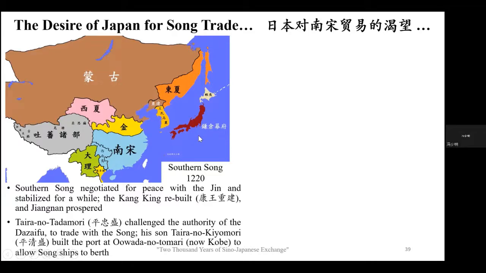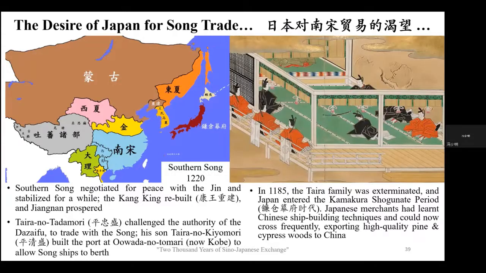And his son, Taira no Kiyomori, now built another port at Kobe to allow Song ships to berth. This was a direct challenge to the prevailing rule. And that's why in the year 1185, their family was exterminated. And now Japan entered the Kamakura shogunate period.